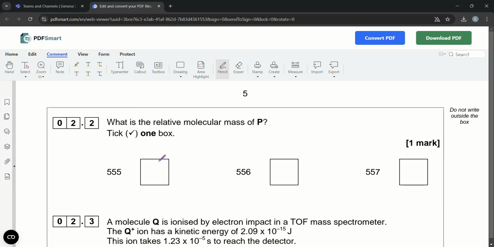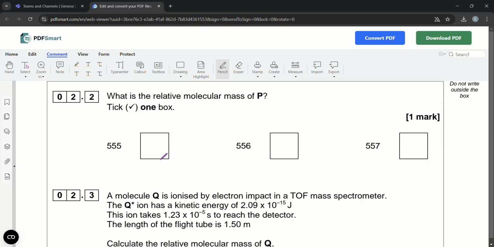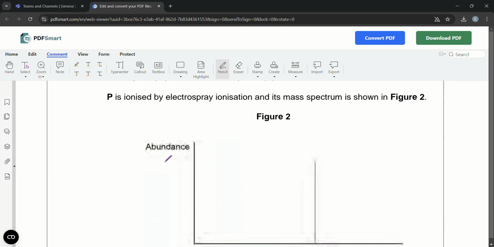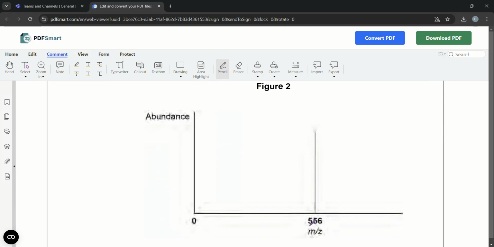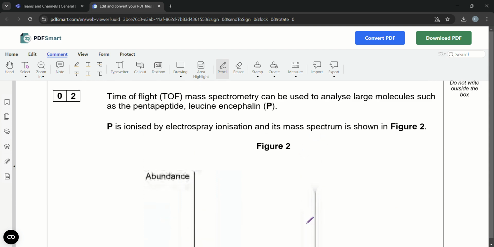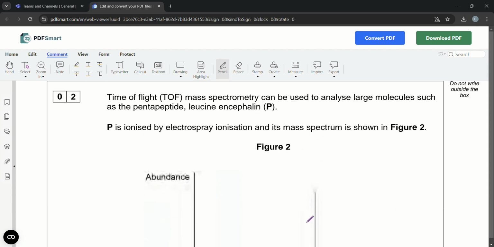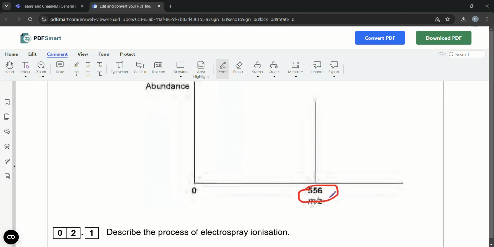Then it says, what is the relative molecular mass of P? Now if you look here, oh, this is a very sneaky question, because we know the m/z value is 556, and this is when it's ionized by electrospray ionization, so this is with the plus H+.